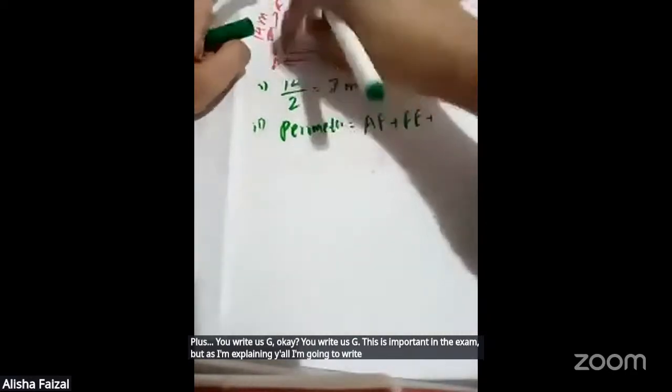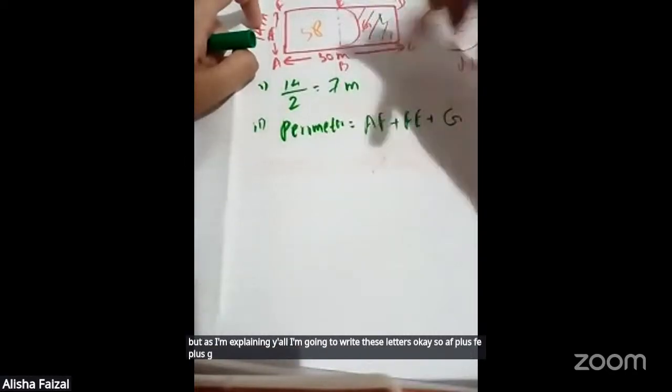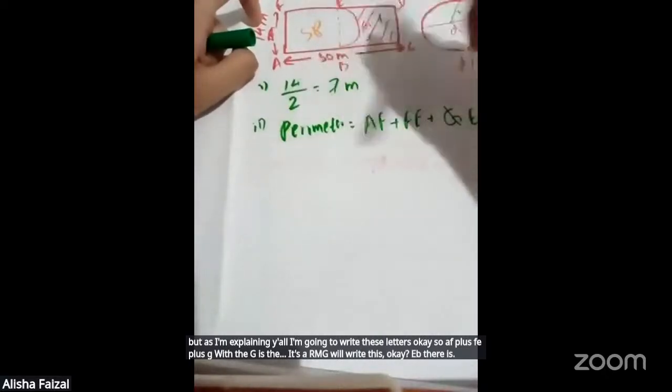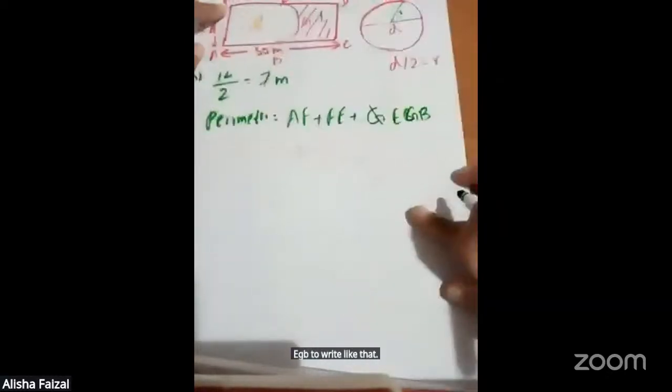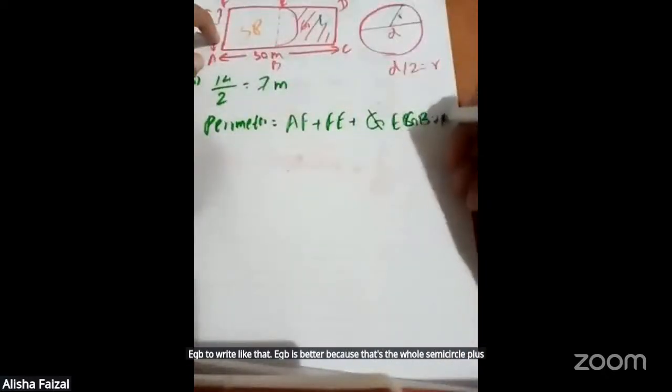Then EGB, that's the whole semicircle, plus BA.